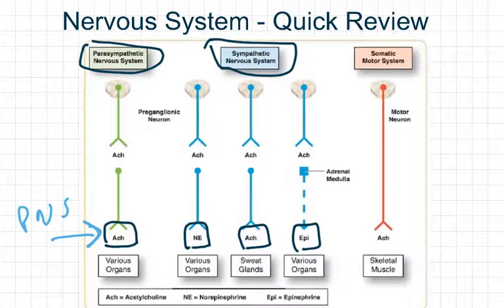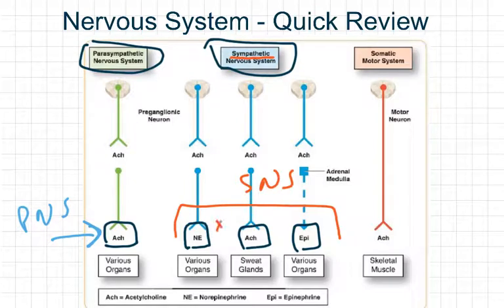With the sympathetic nervous system, you have three different neurotransmitters: norepinephrine, acetylcholine, and epinephrine. Now, epinephrine is primarily produced by the adrenal glands, so let's forget about this for right now. For the rest of this lecture, we're going to be primarily focusing on norepinephrine for the sympathetic nervous system and acetylcholine for the parasympathetic nervous system.